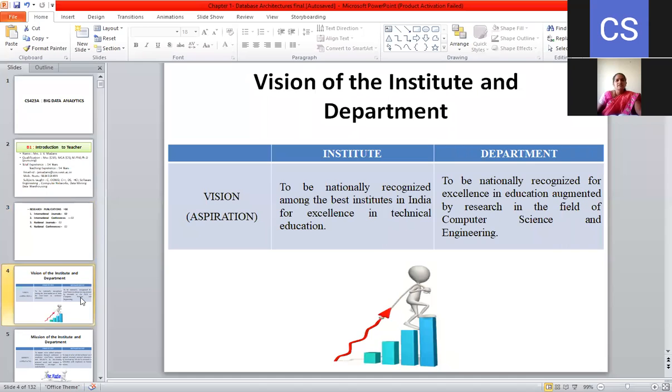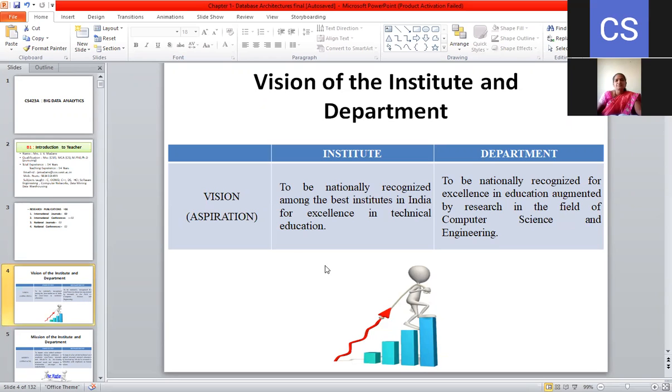So the vision of our institute is to be nationally recognized among the best institutes in India for excellence in technical education. You all are technical students, so this is the vision of our institute.